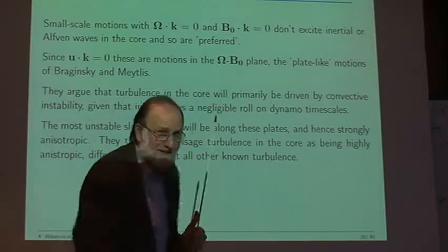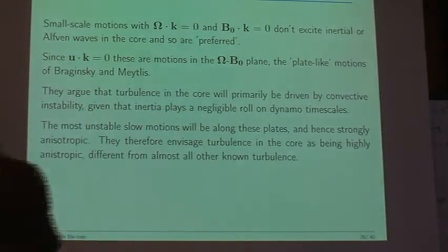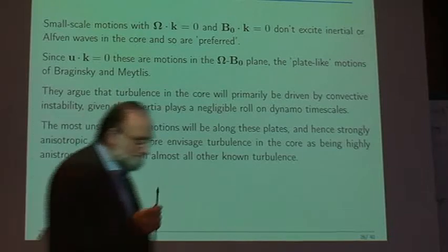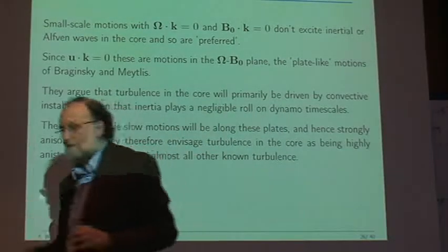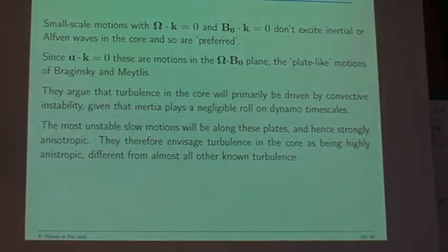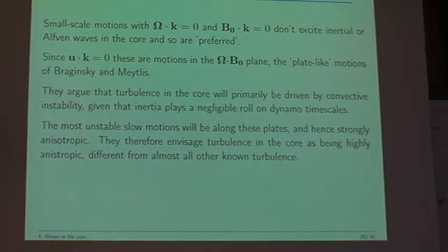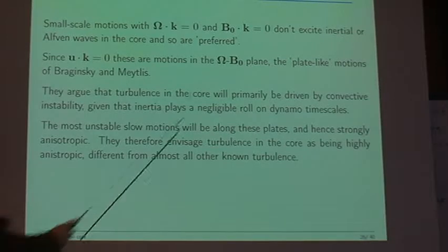So it's extremely anisotropic. In other words, it's a totally different picture from what you imagine in ordinary lab turbulence, where you get small eddies moving all over the place. Braginsky imagines primarily small eddies moving in particular directions and particular plates, and much less transfer perpendicular to those plates.